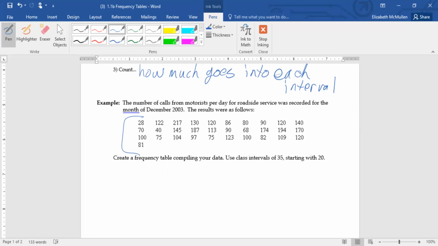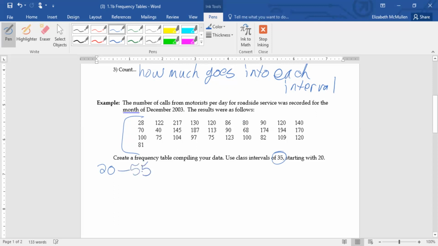So, class intervals of 35, so that's how much goes into each interval. We're dividing it up 35 per interval. So, starting with 20, between 20 and 20 plus 35 is 55.